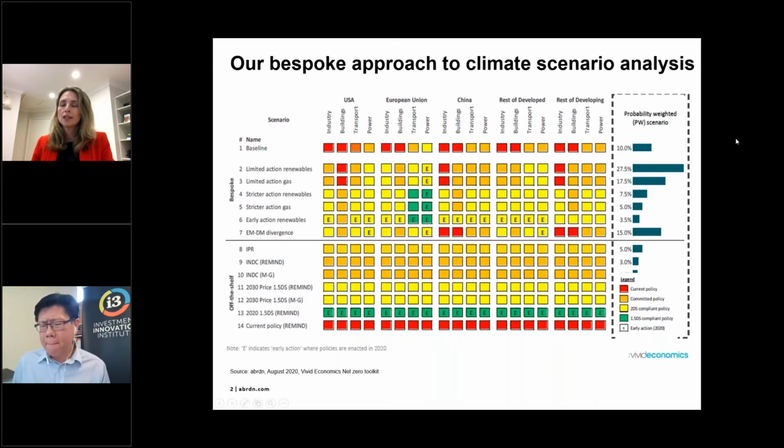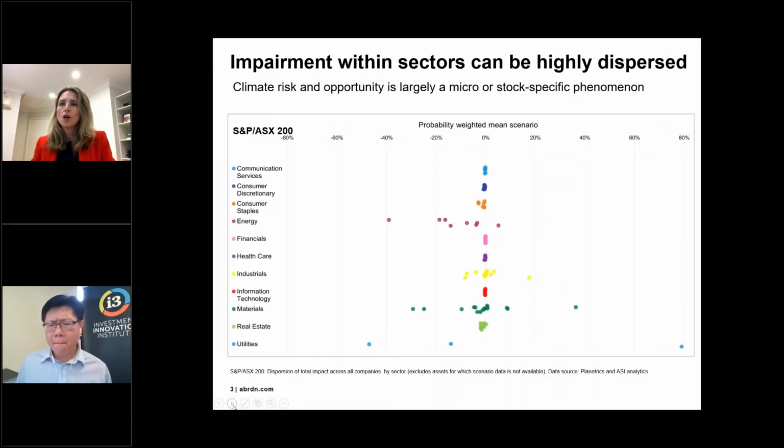Yeah, absolutely. So if we now pull up the next slide, Sophie, I think this is the last slide that I've brought, on dispersion. The key takeaway from all of our climate scenario analysis and the data coming from the tool is that climate change is really risk and opportunity at the stock level. It's a micro phenomenon.